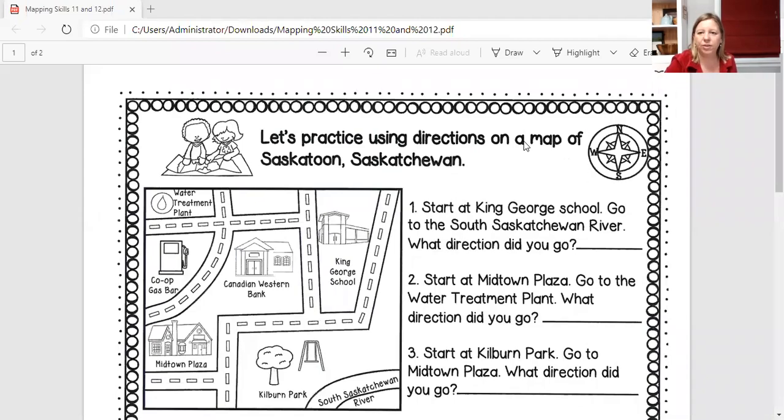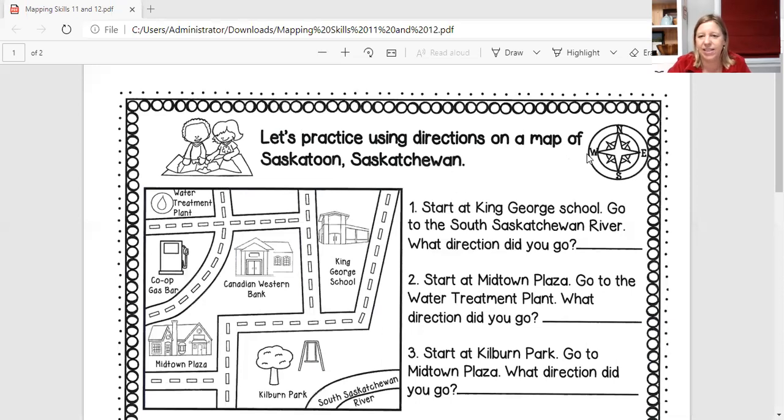So the first one you need is your map of Saskatchewan. This is a town called Saskatoon. For this map, you will need to really pay attention to the compass rose that's in the corner. Can you see that in the corner? Maybe the little mini Mrs. Bosch is covering part of it.